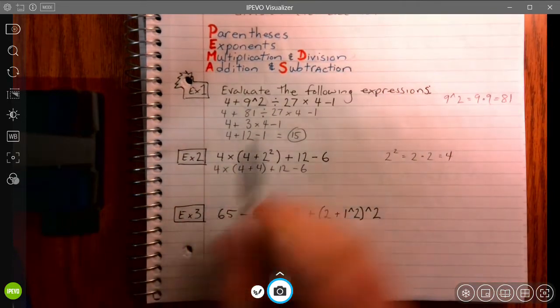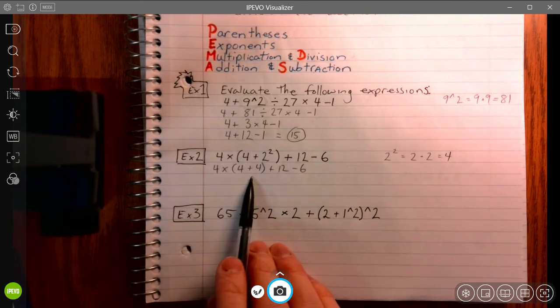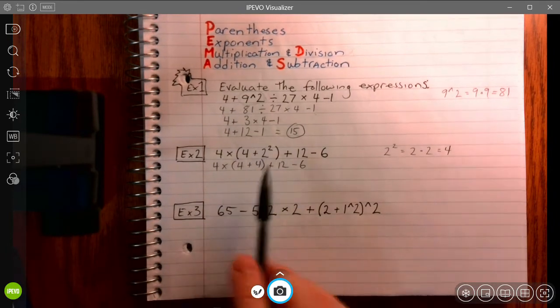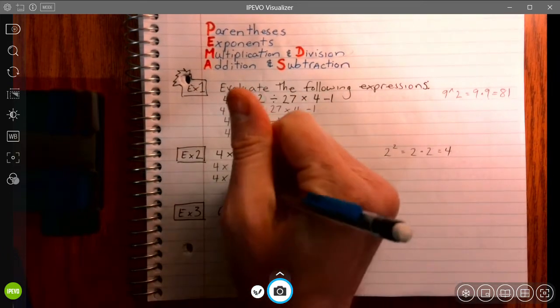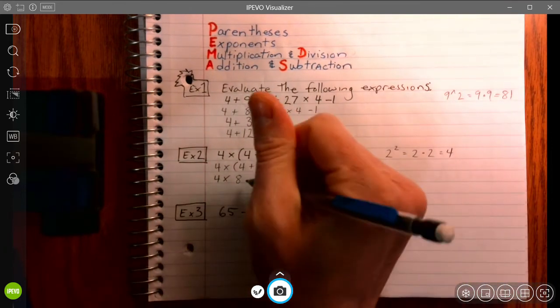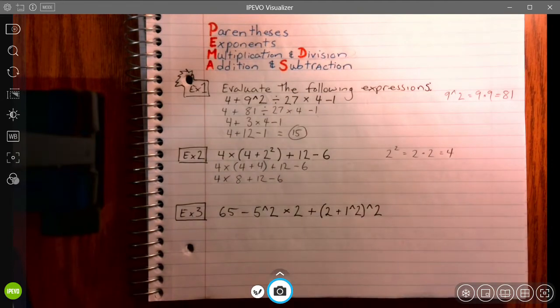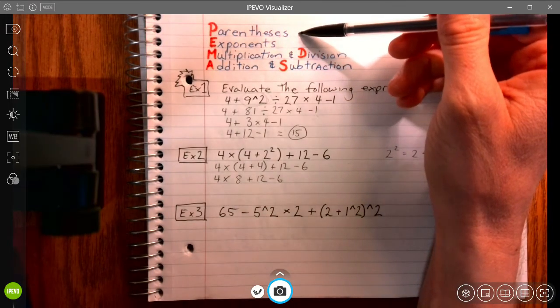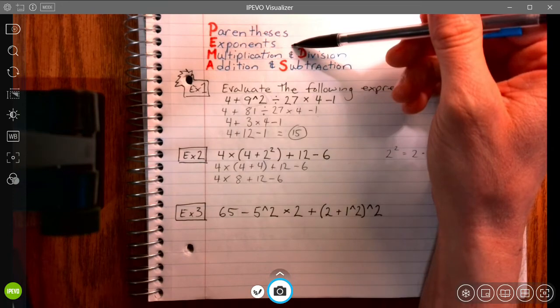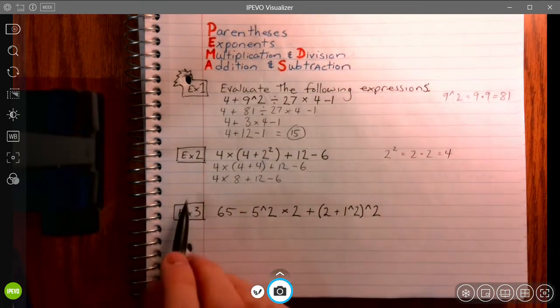Now, going back to PEMDAS, are there parentheses? Yes, there are still parentheses, so I've got to keep on working to clean this up. Again, I'm going to copy down the rest. 4 plus 4 is 8. And then we've got plus 12 minus 6. Start over. Are there parentheses? Nope, no more parentheses. Are there exponents? Nope. Is there multiplication or division? Yes, right at the beginning here.